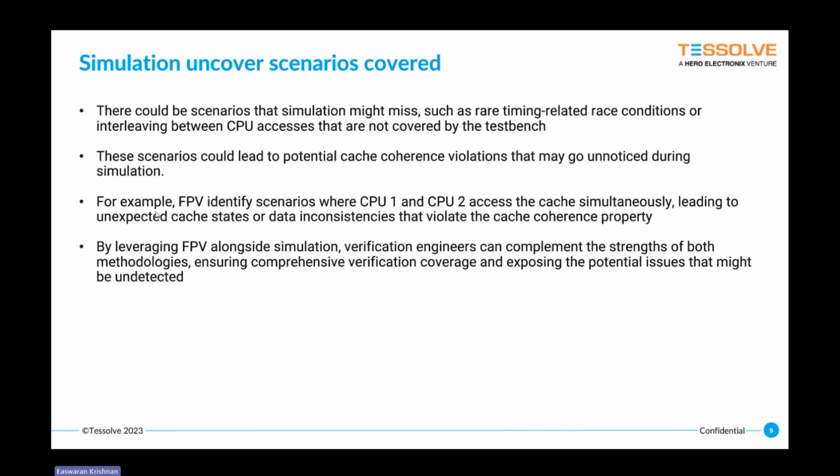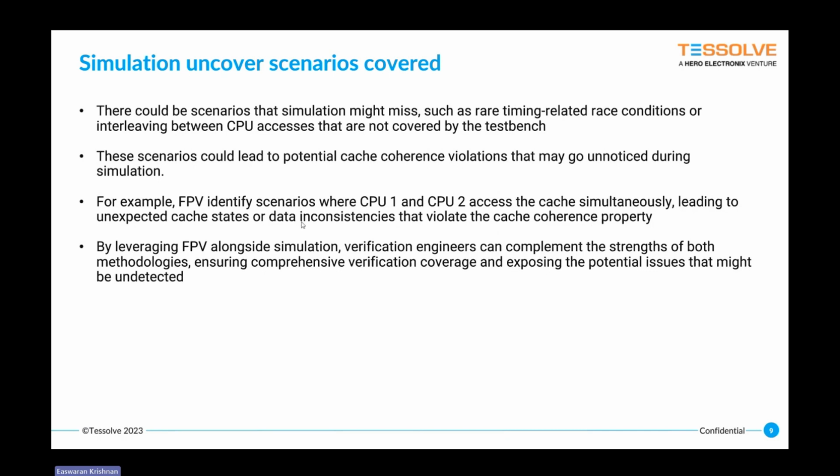Like the same example I mentioned before, formal property verification identifies scenarios where CPU1 and CPU2 access the cache continuously, leading to unexpected cache state or data that violates the cache coherence property.